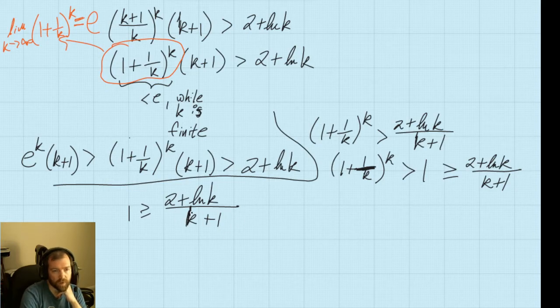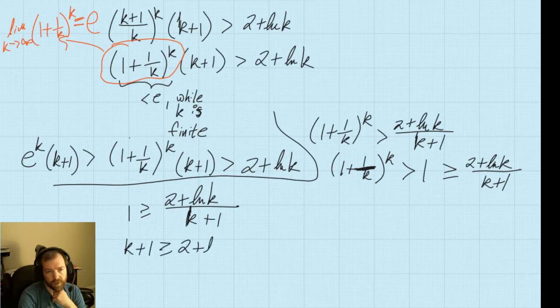This is going to be like 1.36 or something like that, so that multiplies over at minimum. So we get k plus 1 greater than or equal to 2 plus natural log of k. Let's get rid of the natural log. This is going to be an interesting thing because it's going to be an exponential. k minus 1 is greater than or equal to natural log of k.